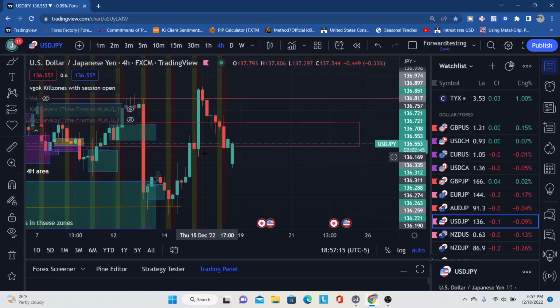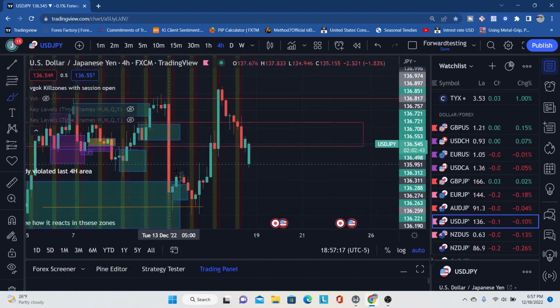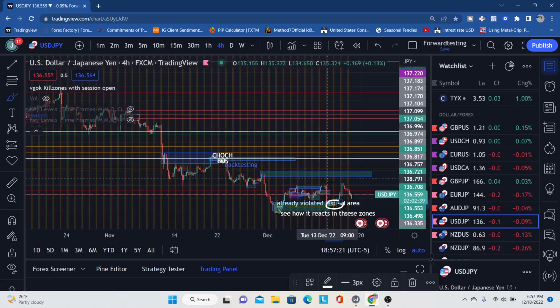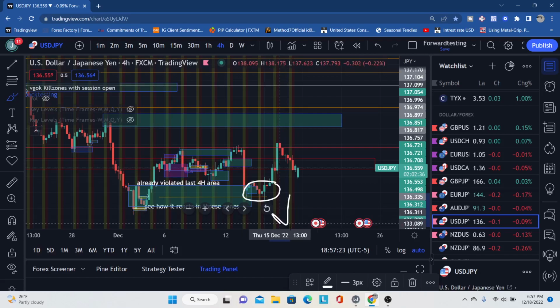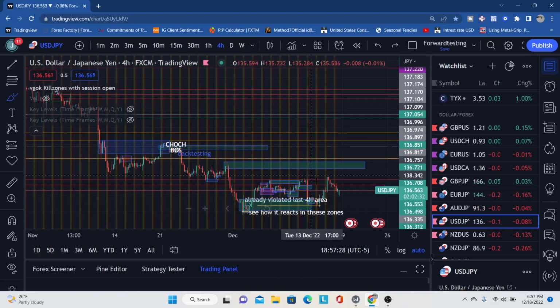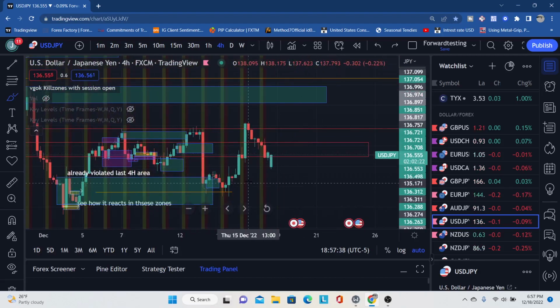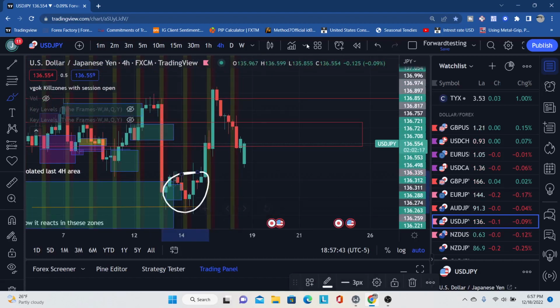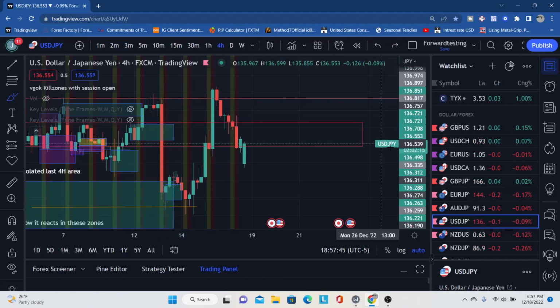I'm expecting it to possibly come down to this level and find some support, if not breaking and continuing the trend, but I feel that because of the monthly, it's going to chop here and then go much higher as the US dollar finds strength against all of the other pairs. So expecting this down here, may or may not happen, we'll see.